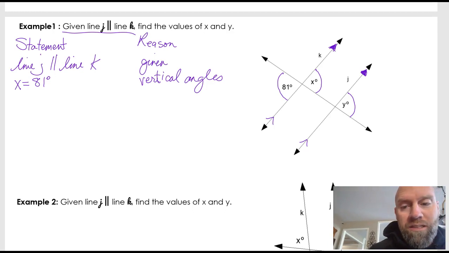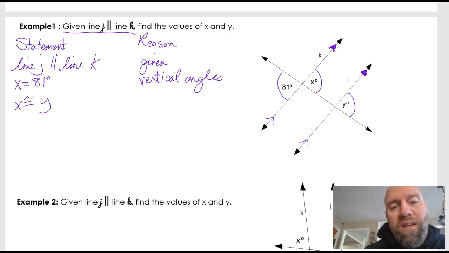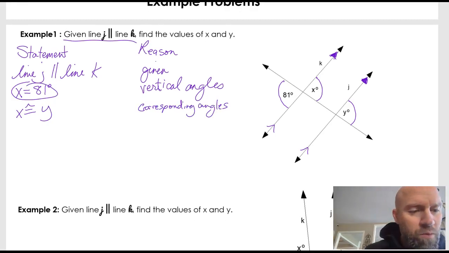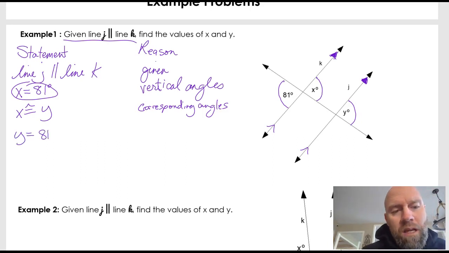So I'm going to actually say that X is congruent to angle Y because of corresponding angles. Okay, and then you can say that Y is equal to 81 degrees. And you can call that the transitive property, or you can call that substitution. Whichever one you would like.